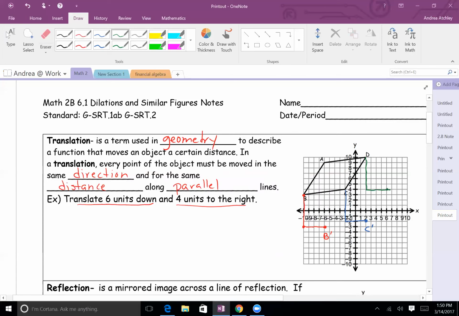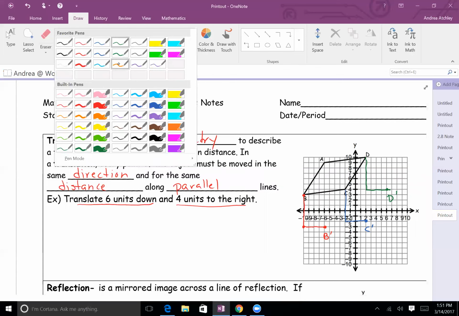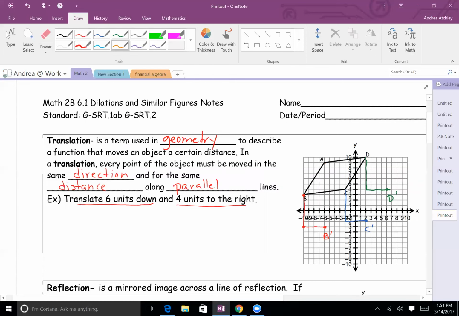Almost went too far. D prime. Then we're going to move A down 1, 2, 3, 4, 5, 6, and over 1, 2, 3, 4. And that's A prime.